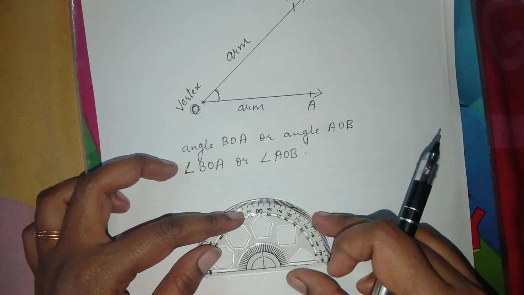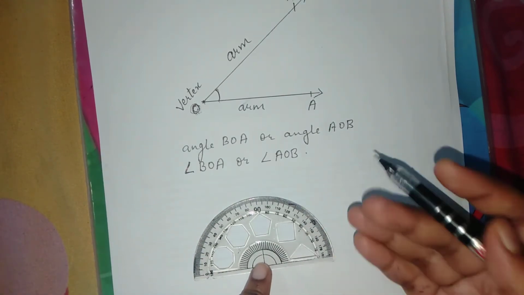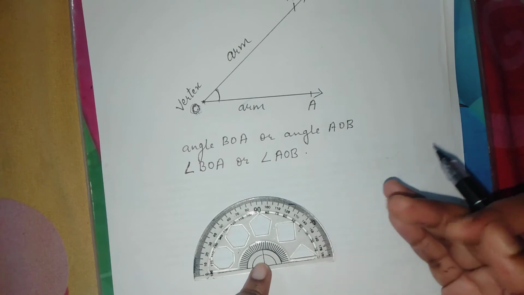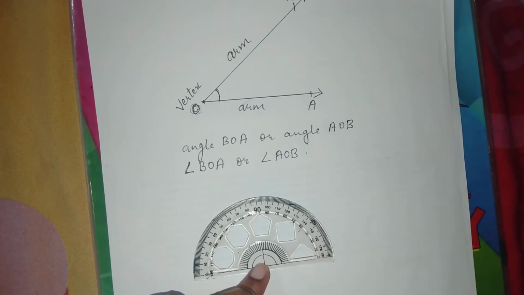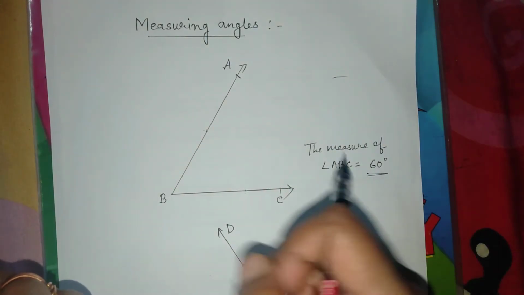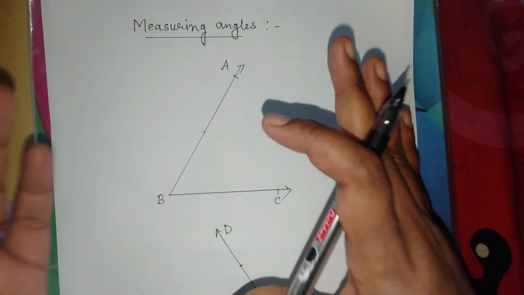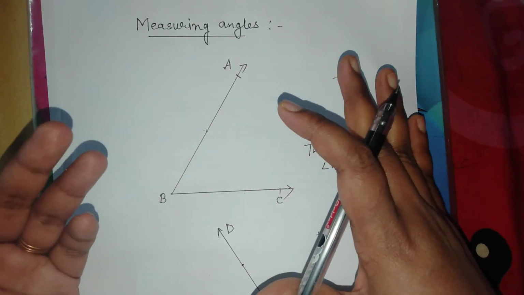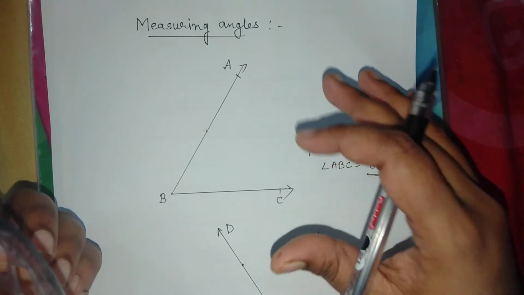Now what is the use of this protractor? Why are there two scales? That we will see while measuring the angles. So let's start. Here as an example I have drawn one angle. Now we have to find the measurement of this angle. How to measure?